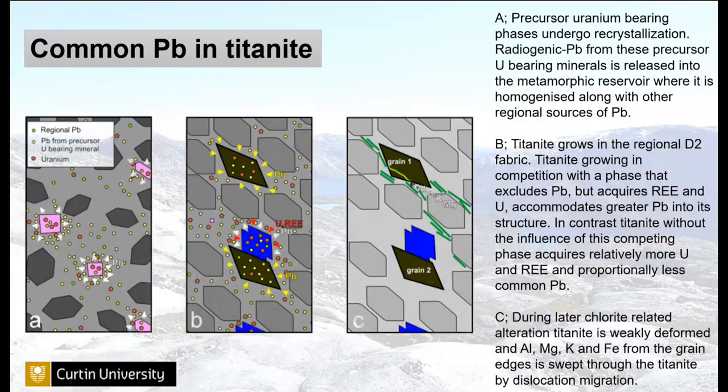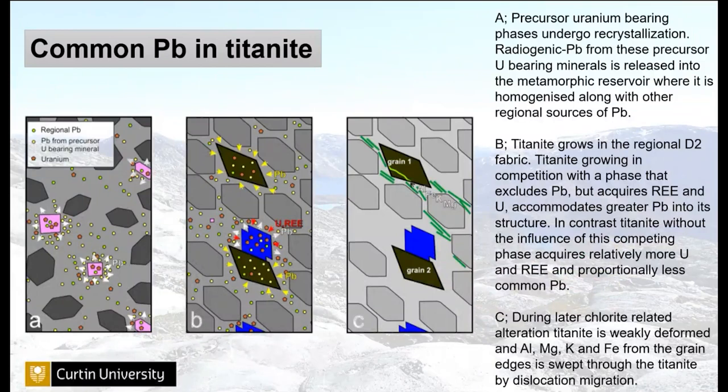So we can play those sort of games to create a kind of petrogenetic model that we think works to explain the chemistry and the growth history of our titanite grains. So we suggest a uranium-bearing phase breaks down, undergoes recrystallization. It releases its lead cargo.